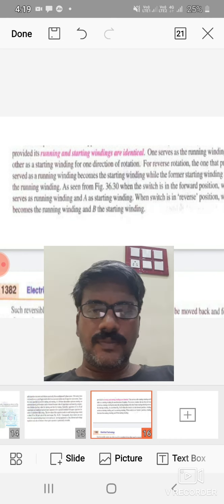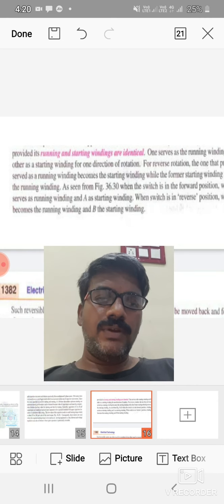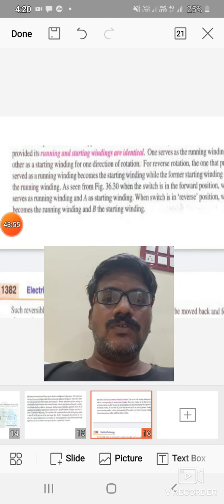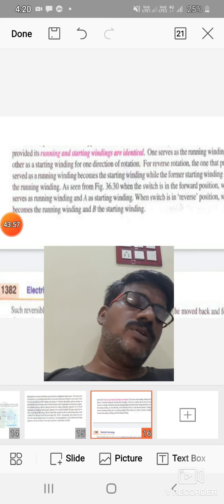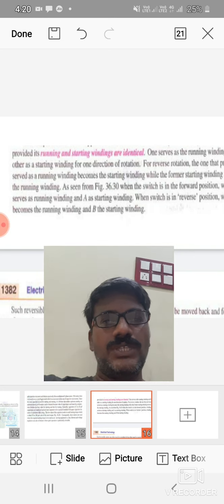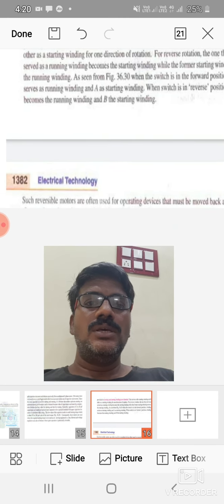So the same capacitor may be connected to the A winding or the B winding. If the connection changes, the direction of rotation of the motor automatically changes, right?